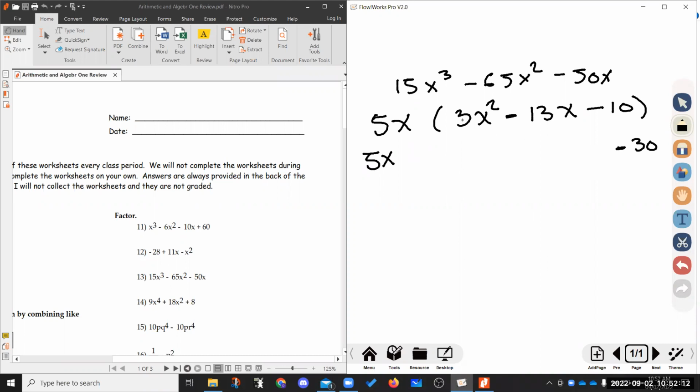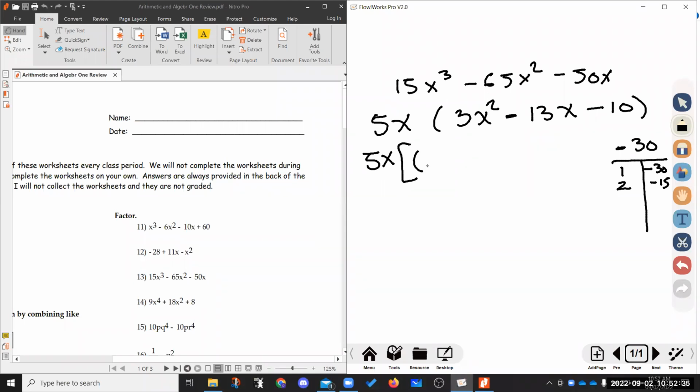I want 3 times -10, which is -30. I want to list all the factors of -30 that have different signs. I want the bigger one to be a negative sign. So 2, -15. Oh, I can stop because there's a pair that adds to give me -13.